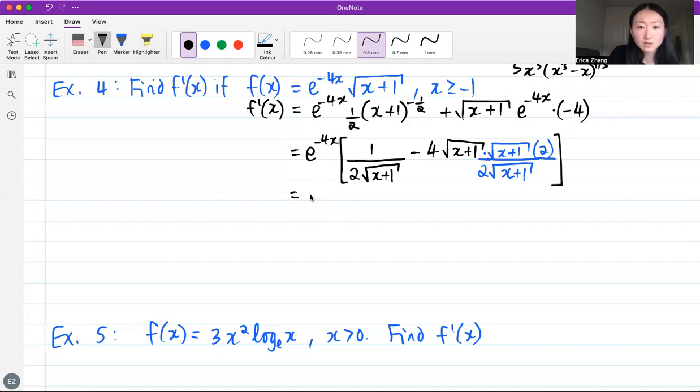And this gives us e to the power of negative 4x times 1 over 2 square root of x plus 1. And we have 1 minus, so 4 times 2 is 8. And then square root of x plus 1 squared is just x plus 1.